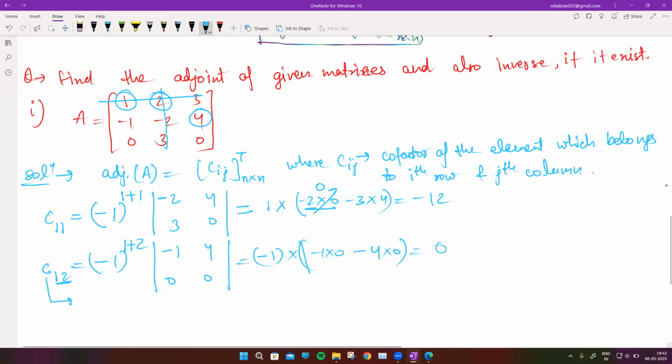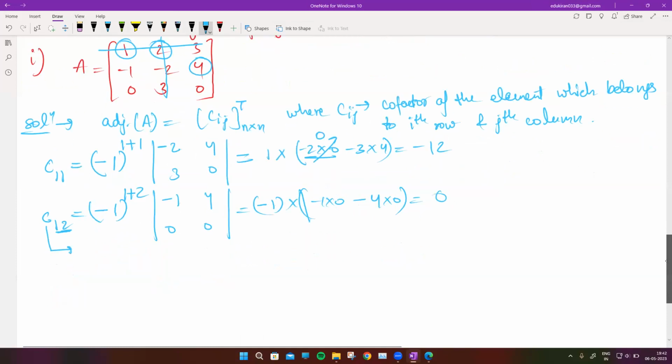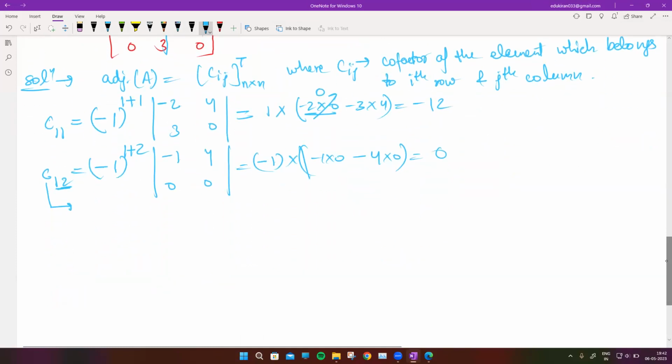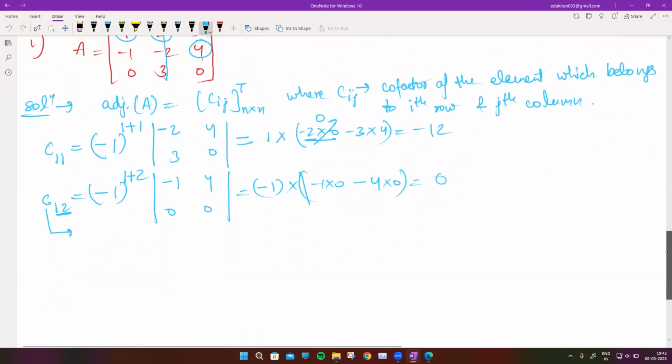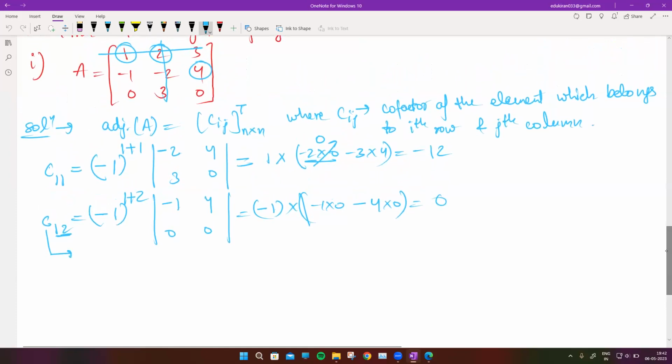Everyone try to solve. So can I say yes? So cofactor for C13, it will be +3. No, that is wrong. Yeah, so it should be -3.